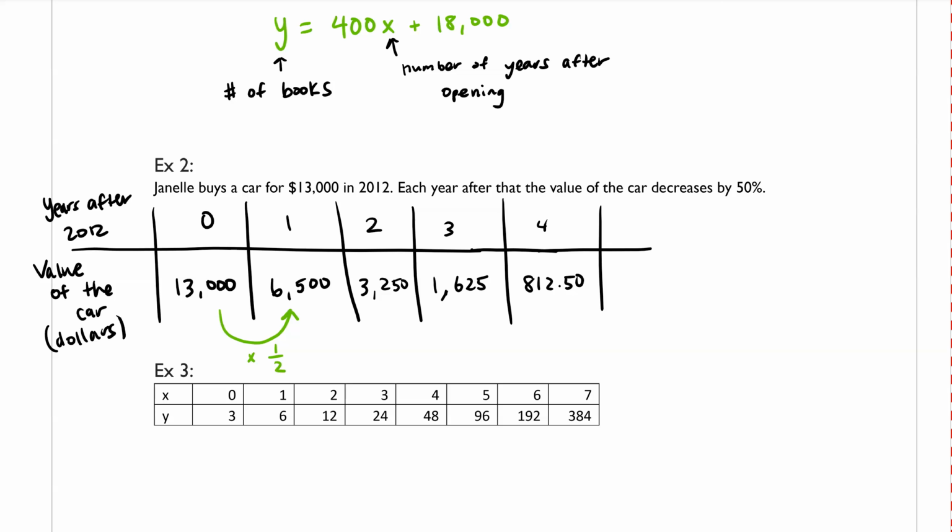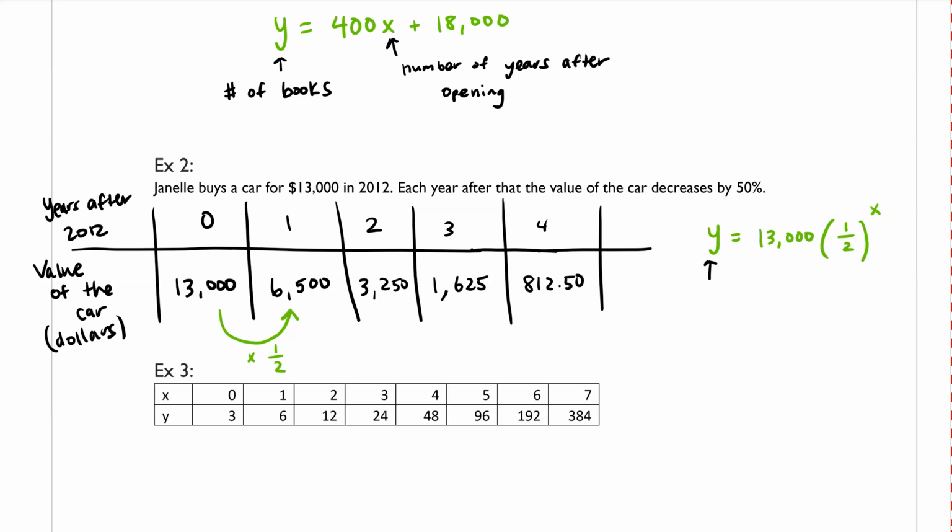Okay, so that means that with our exponential function, we would have y equals the starting value in year 0 of the car, which is 13,000. And then the b value that we're looking at is 1/2, because that is what we are multiplying each time. And then our exponent would be x.